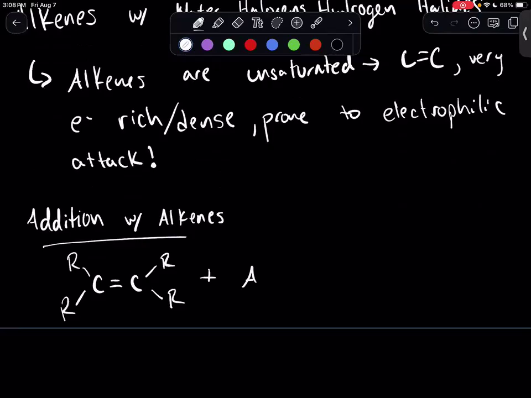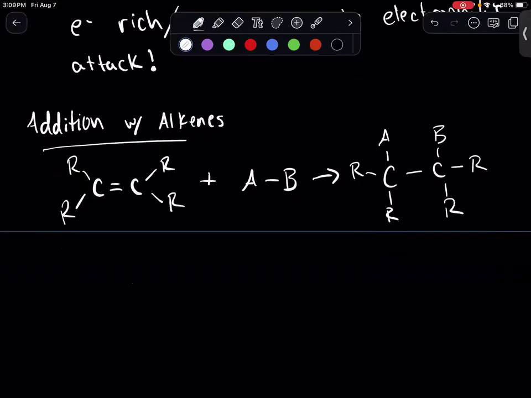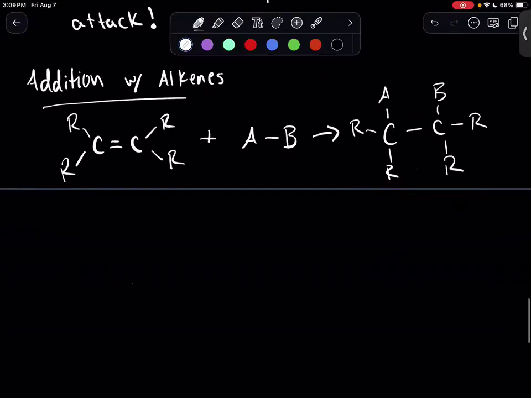We can add it to a compound AB, and what we're usually going to end up with is carbon with two R groups and A on one side, plus carbon with B on the other side and the other two remaining R groups. So A and B will split. If you're an HL, we're going to cover this reaction mechanism in quite a bit more detail. But covering the three types that we're going to go over, the first one we're going to cover is halogenation.